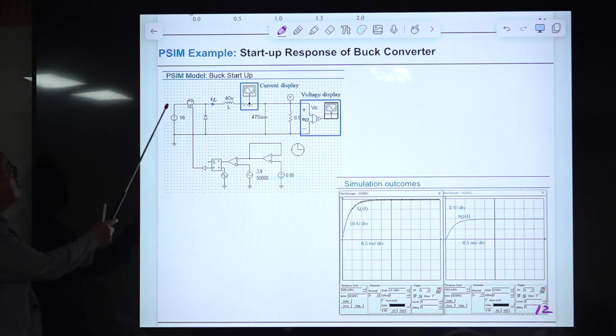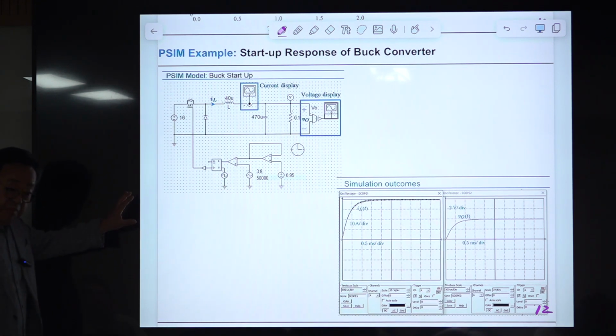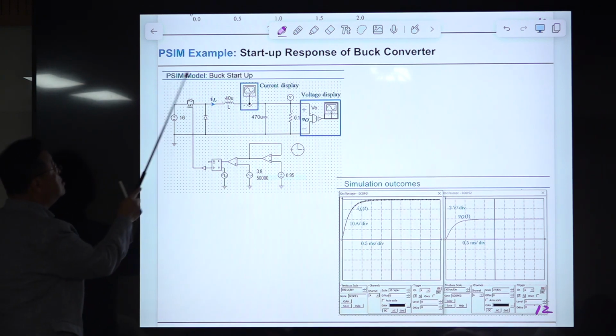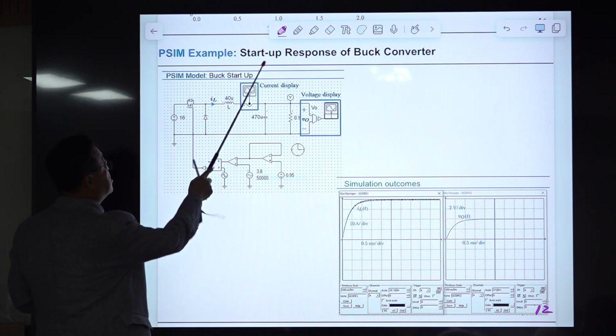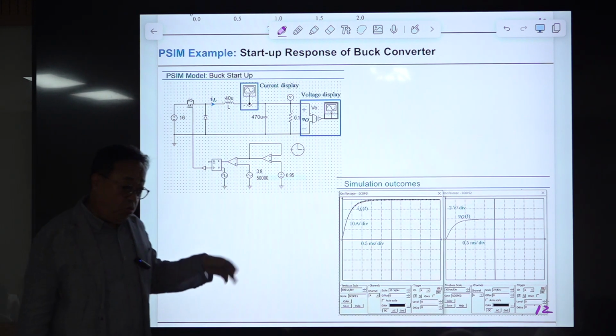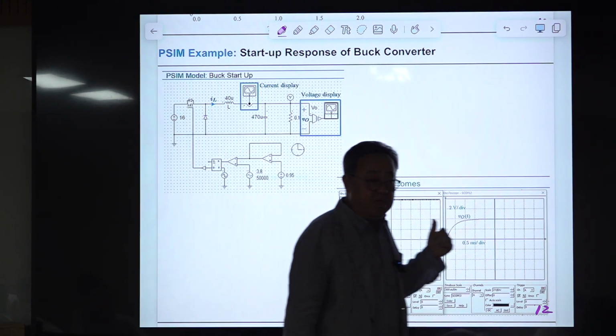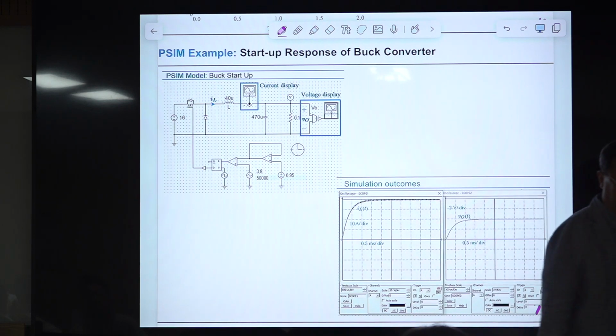Because this is just a schematic, and this is also the model of the PSIM file. And just clicking this, there are some buttons. Then clicking some button, I will show you the execution of this maybe next week sometime through this video.